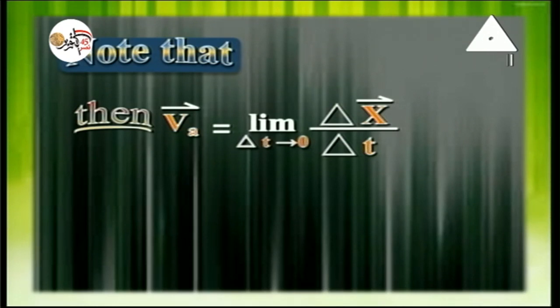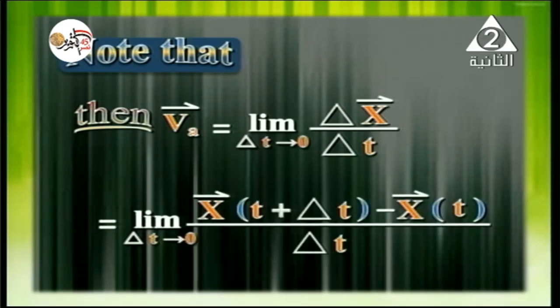Then the velocity v vector equals the limit when delta t tends to 0 of delta x over delta t, and by substitution, v vector equals the limit as delta t tends to 0 of x of (t plus delta t) minus x of t over delta t.